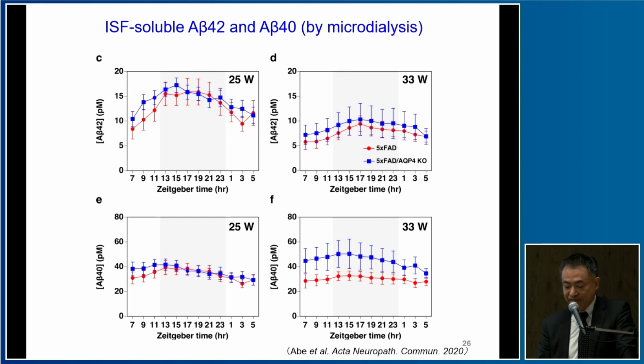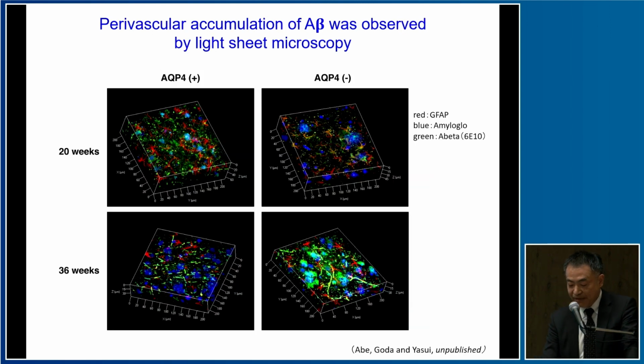But at the age of 33 weeks, we can see more accumulation of either A-beta 42 or A-beta 40 soluble type in interstitial fluid in the combined model compared to the 5-FAD itself.